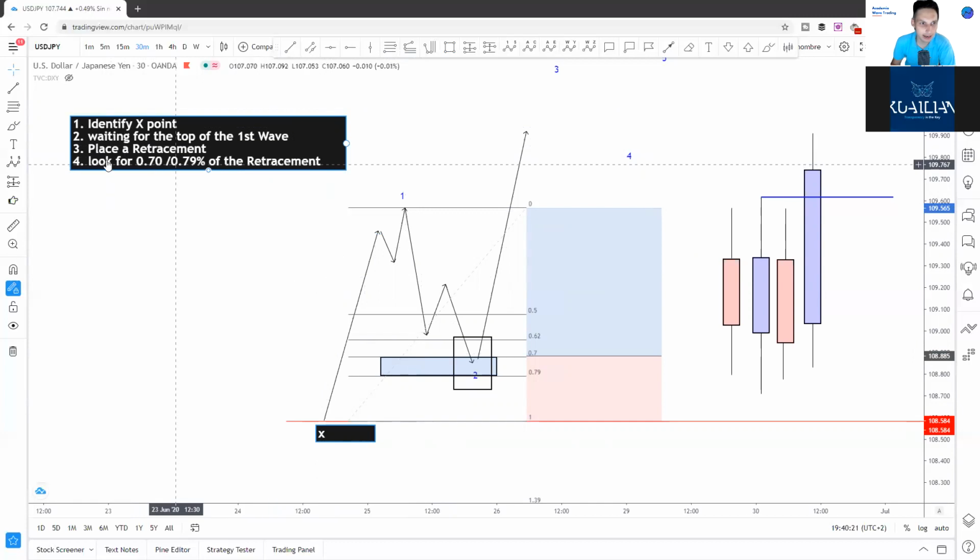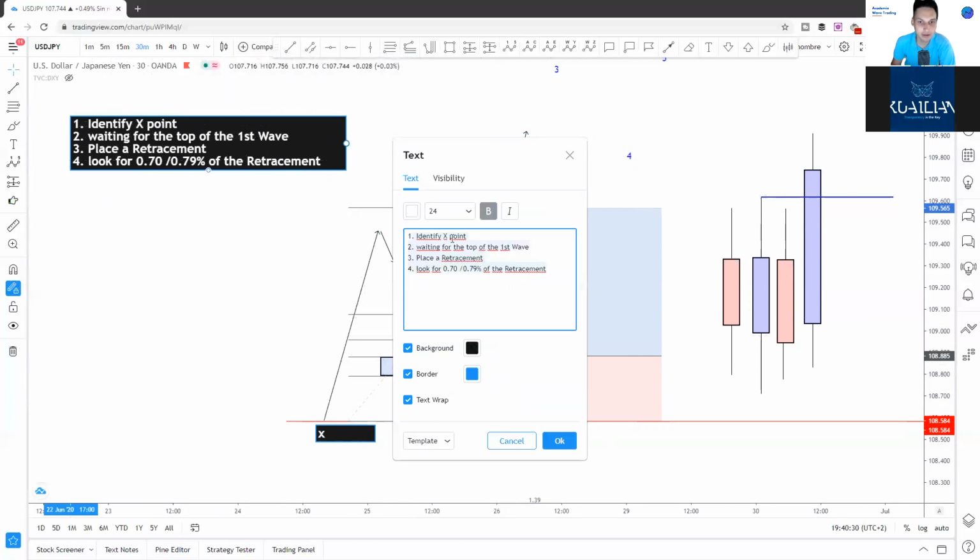Then fourth, look for 0.70 and 0.79 of the retracement. Okay, perfect. And then waiting, with more patience, you know? This is all waiting. Wait for the bull setup to develop.